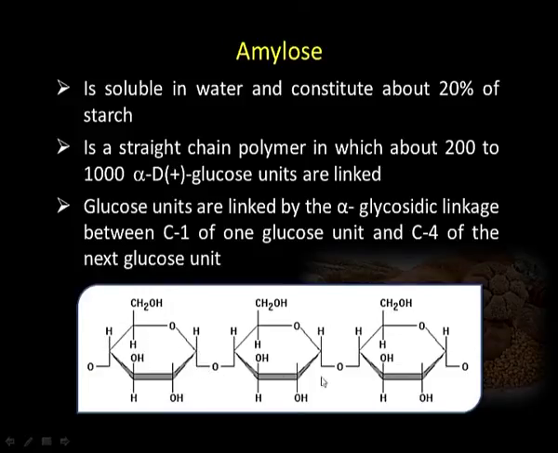So, this way the chain is built up, such that the anomeric carbon of one glucose moiety, that is C1, is linked to the hydroxyl group at C4 of another glucose moiety, and the linkage is the alpha glycosidic linkage.